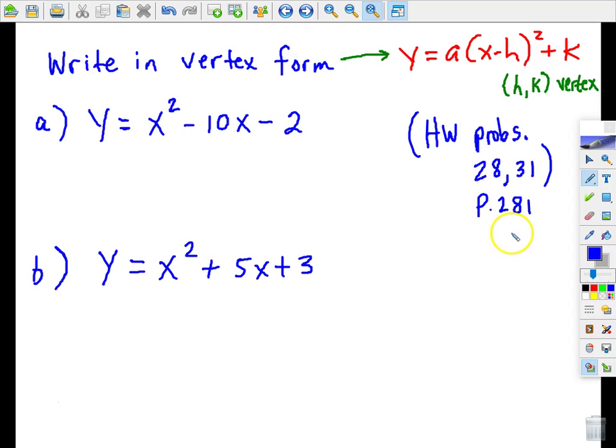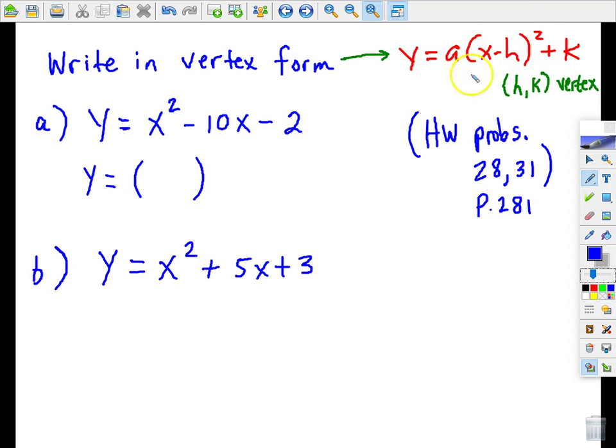Here's how changing from standard form to vertex form works. First of all, you identify that A in standard form is 1, so A in vertex form should also be 1. You also notice in vertex form we have this quantity squared.